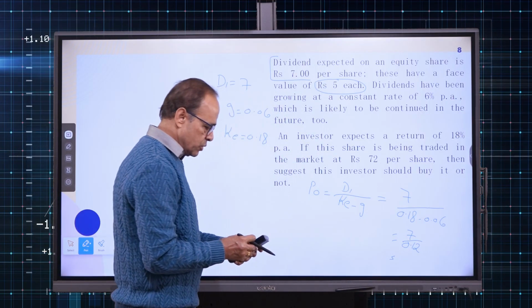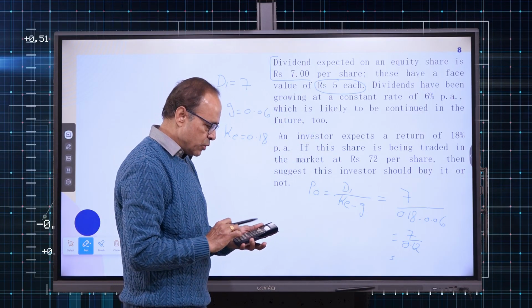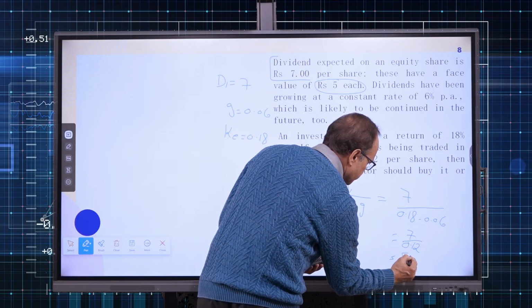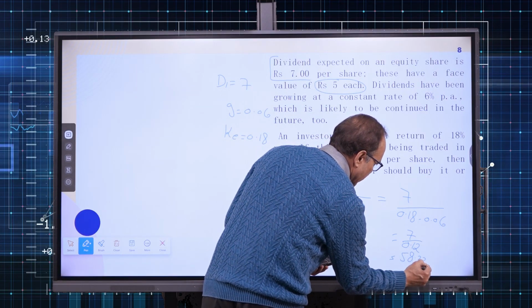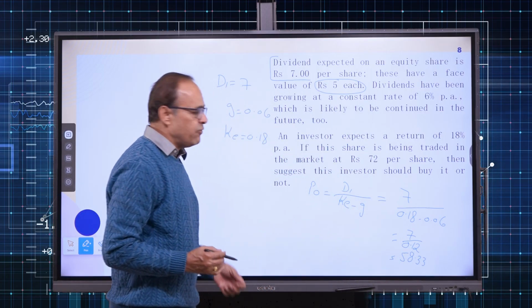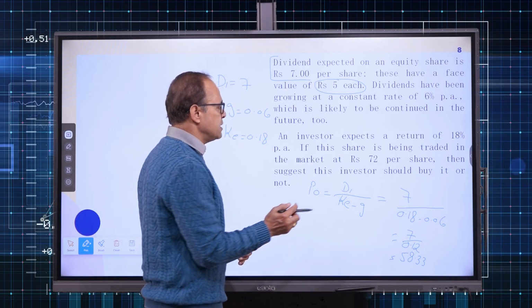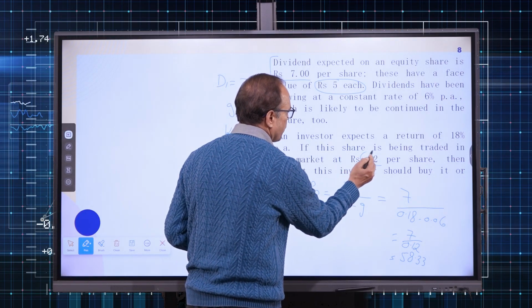So, what value are we going to get? 7 divided by 0.12 is 58.33. According to this investor, the maximum value for this particular share is 58.33, whereas it is available in the market at 72.